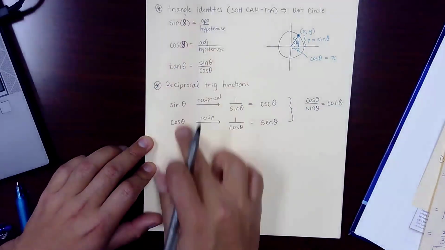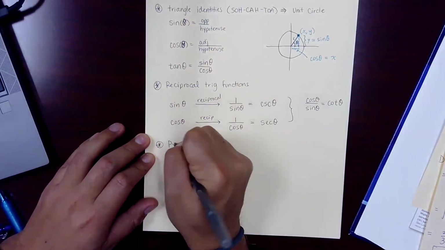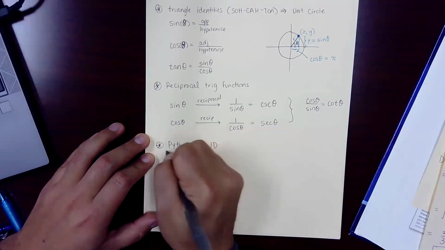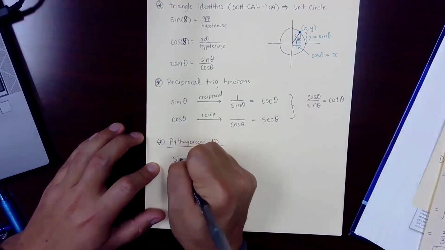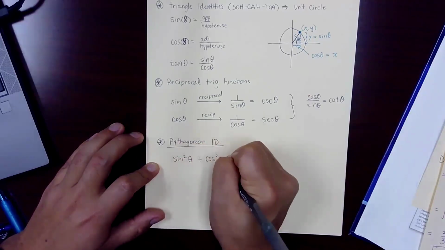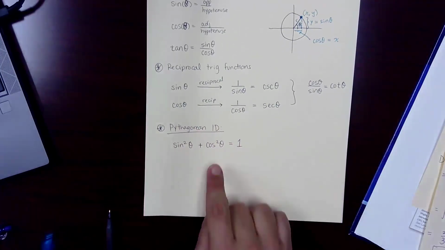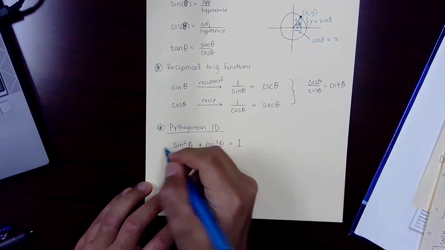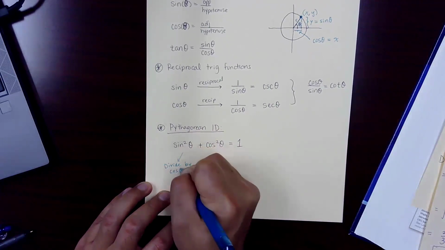But if you have these six memorized, then we can play around with the Pythagorean identity, which again comes from the unit circle, but is our basic one: sine squared theta plus cosine squared theta is equal to 1, right? From this, we can ask, what if we divide by cosine squared theta?